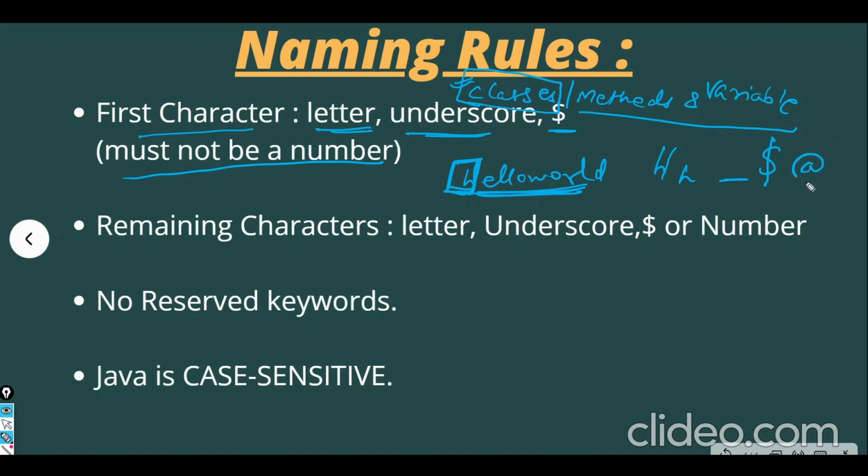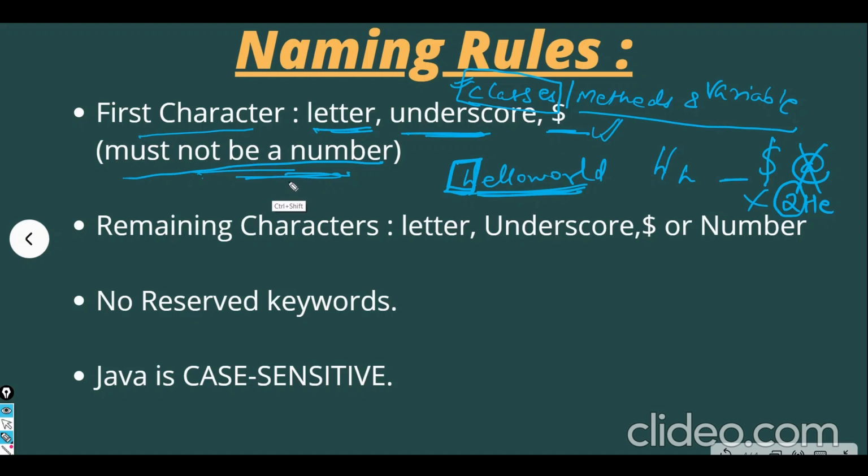For example, if you give an at-the-rate symbol, it won't allow you and will say invalid syntax. And if you try a name starting with a number, again it is not valid. So you need to be aware of the rules for naming a class: the first character can be a letter, underscore, or dollar, but not a number or any special character.